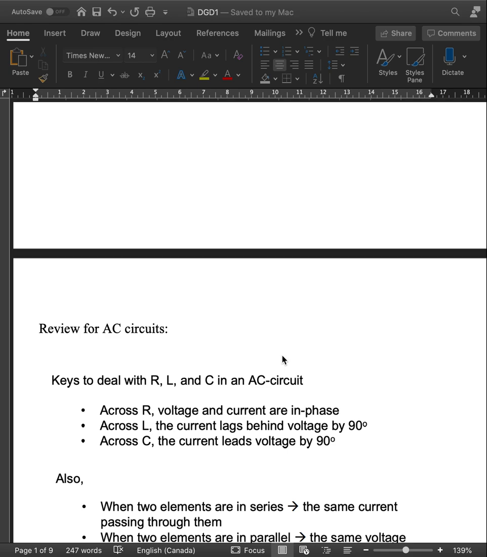First of all, we are always going to be dealing with AC voltage in this course. For this DGD, we are just going to be focusing on single-phase circuits. We will eventually move to three-phase circuits: three-phase power supply, generators, transformers, how the power is divided, the phase angles between them, and so on.